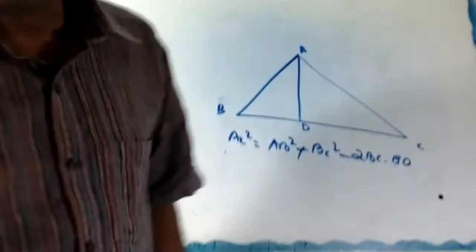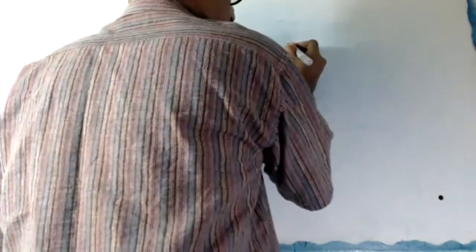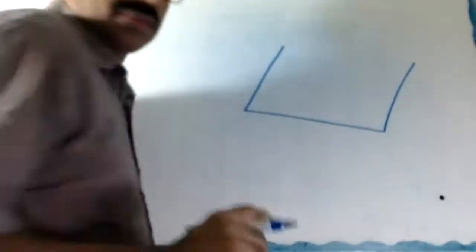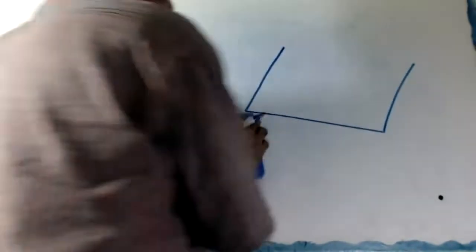We'll go by the direct method. Listen here. ABCD is a parallelogram, right?